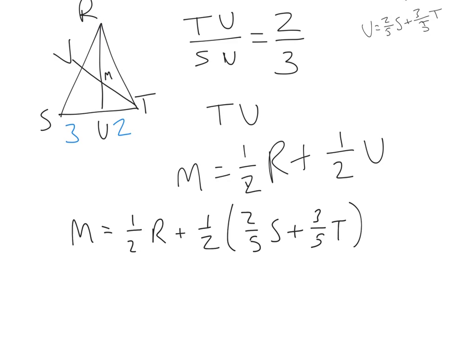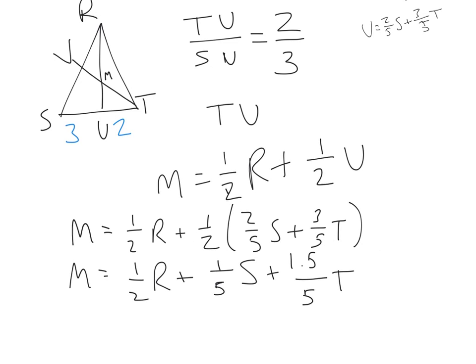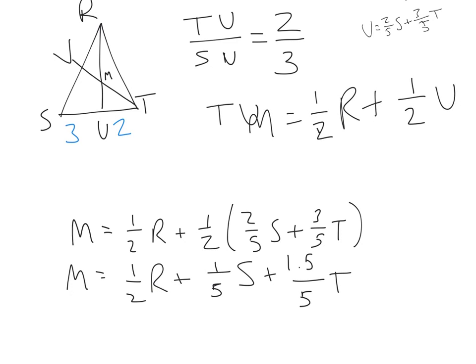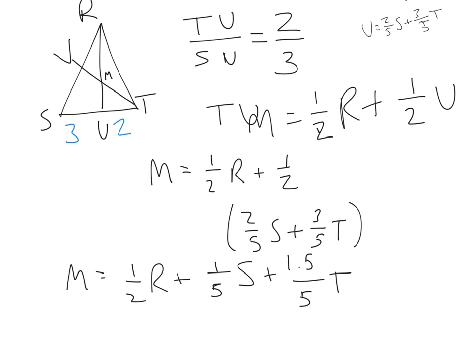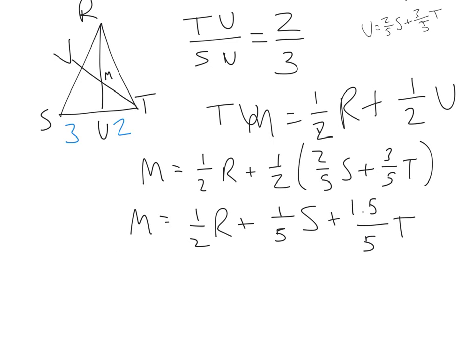Okay, and then we can further solve this. We can say M is equal to 1/2 of R plus 1/5 of S plus 1.5 over 5 times T. And then let's just move this around a little bit. So I'm going to just slide all this around a little bit here. And we can solve that a little bit further.